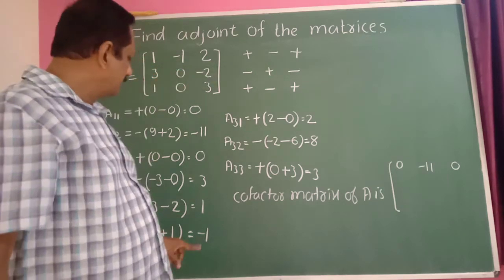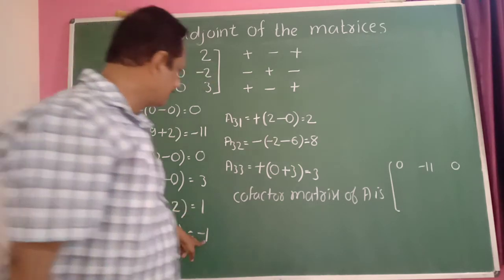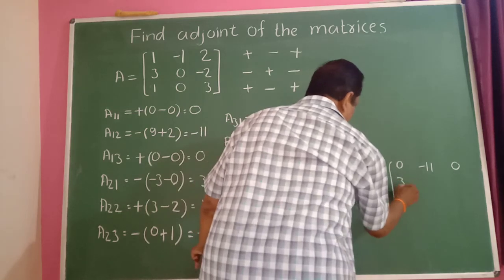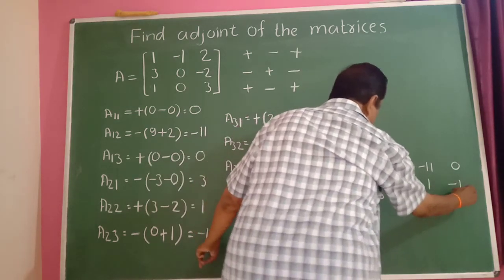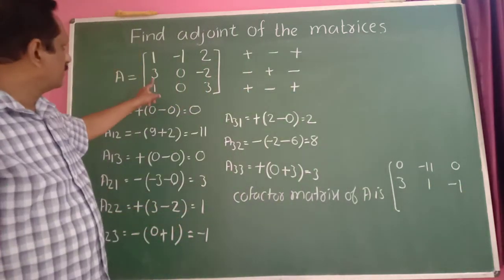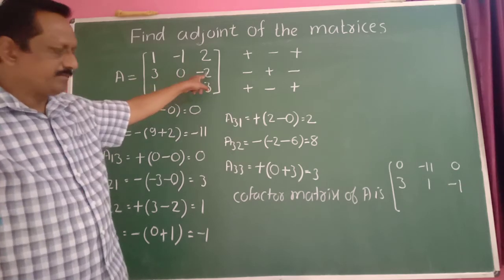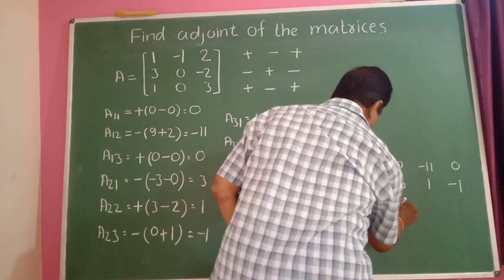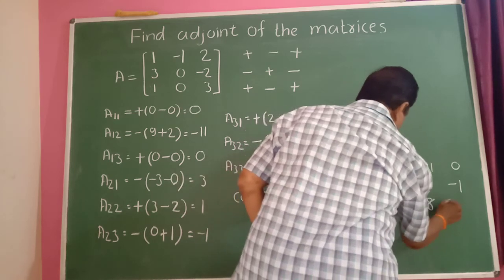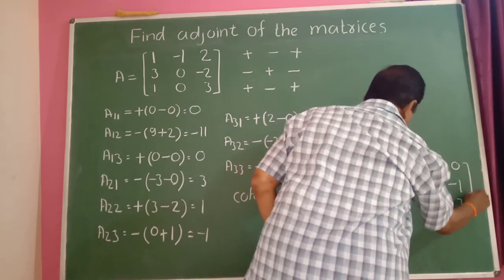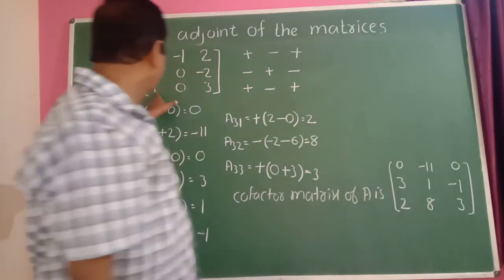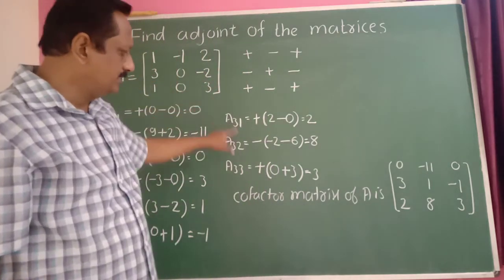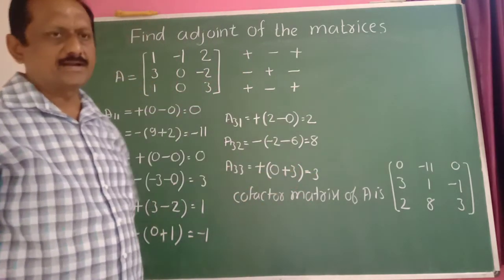Then 3, 1, minus 1, the cofactors of the next three elements. Then 2, 8, plus 3, the cofactors of the last three elements. So this becomes the cofactor matrix.